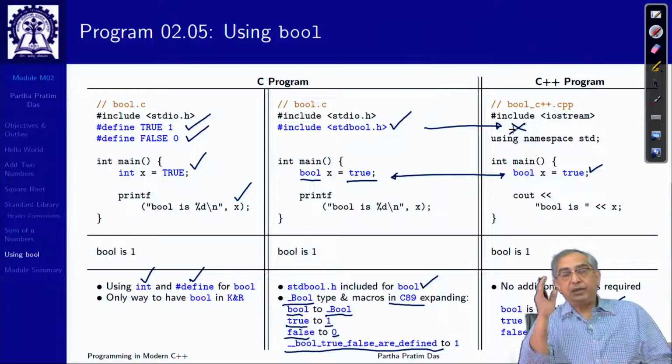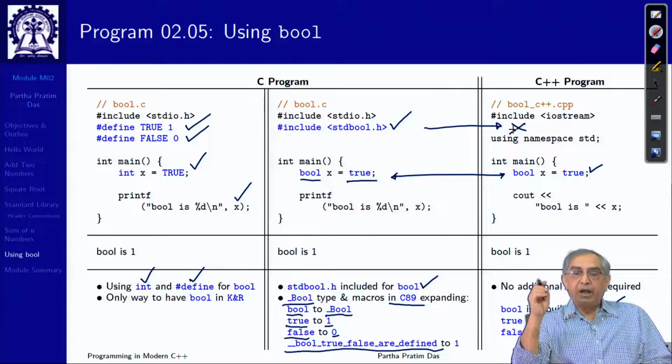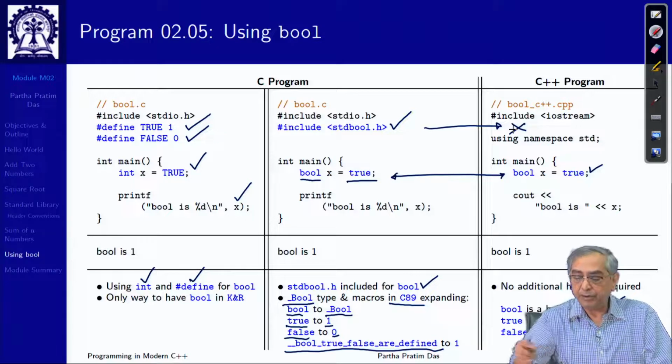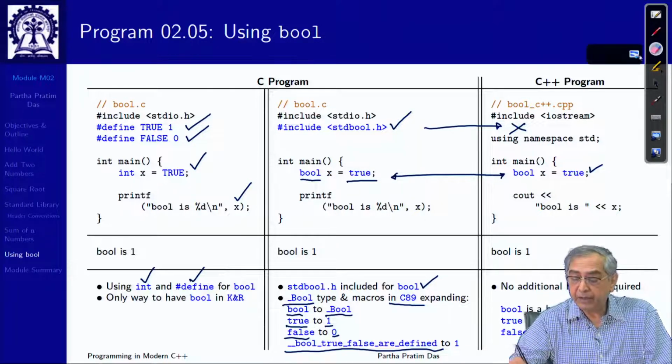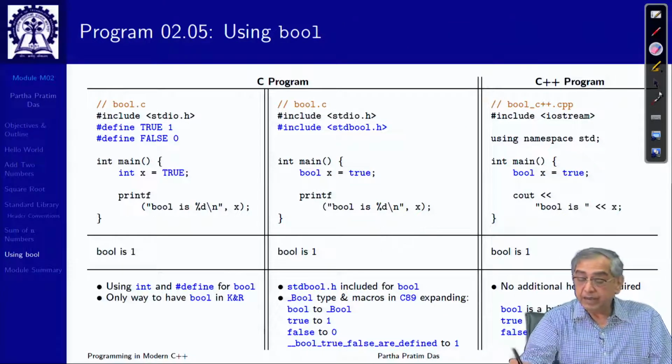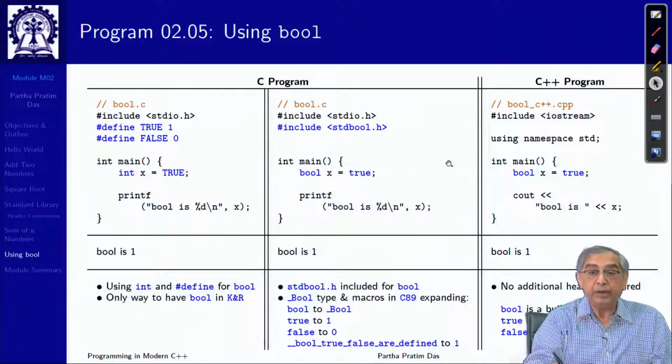And rightmost column in C++, you now have bool as a built-in type with true and false being actual literals. So, it is now a language support, no more a library support, right. So, that is kind of the development that has happened, and that gives us a very easy way of using bool in C++.